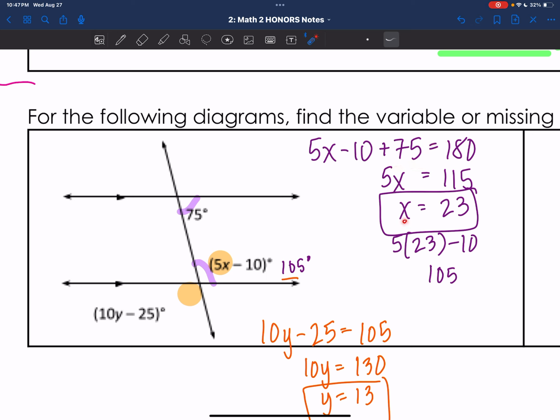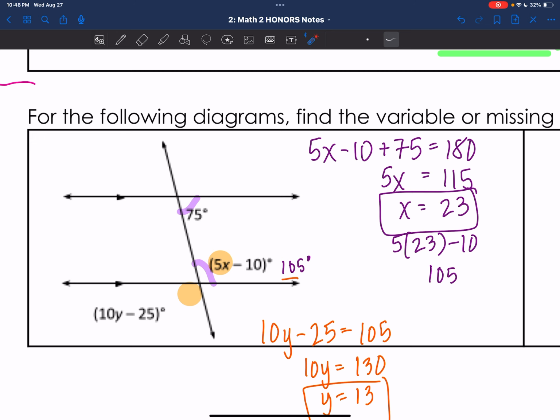And when you solve that, you get x equals 23. Now, to find the measure of that, you have to substitute in 23, and you'll get 105 degrees. So this angle is 105 degrees, which makes sense because if you had 75, this plus that equals 180.